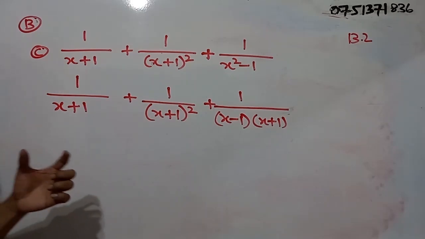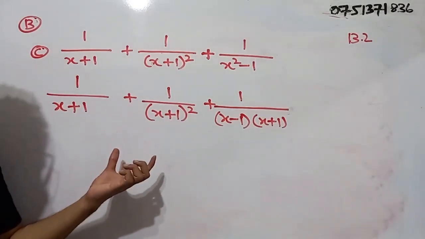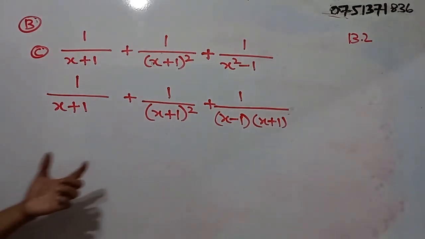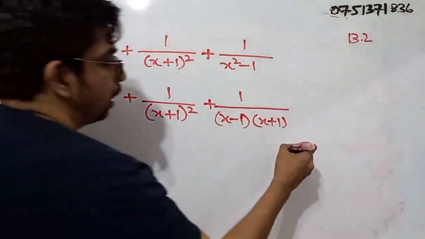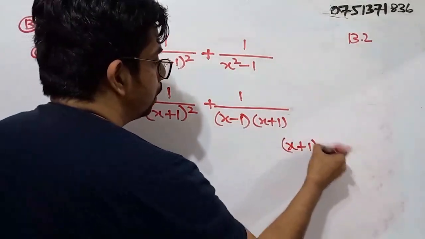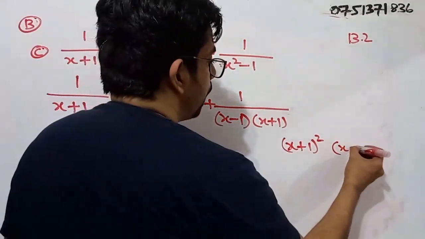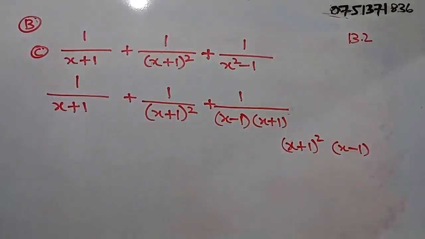We have to consider the highest exponent of each of the algebraic expressions here. When we consider x plus 1, it should be (x plus 1) squared. When it comes to x minus 1, we only have the first power. So that is the least common multiple.